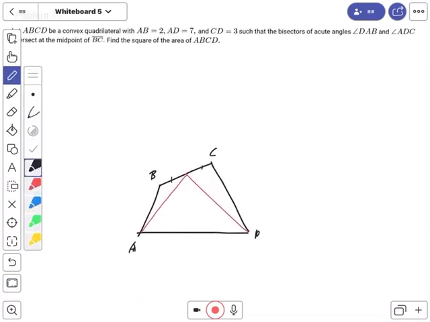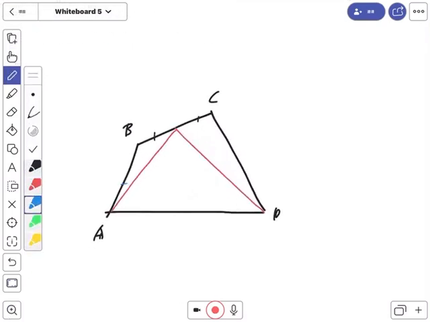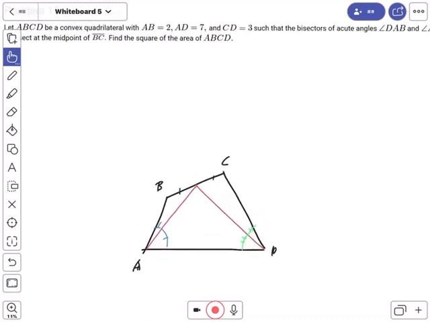However, it's in the problem statement that this is the angle bisector, although my diagram doesn't really look like it, but this is indeed the angle bisector.